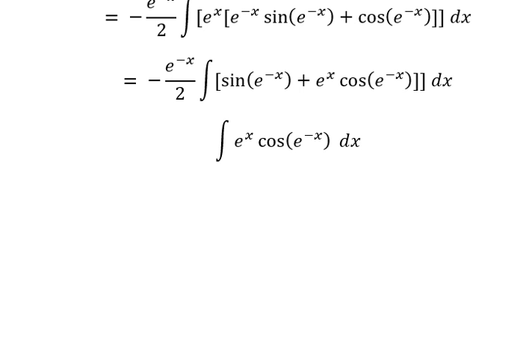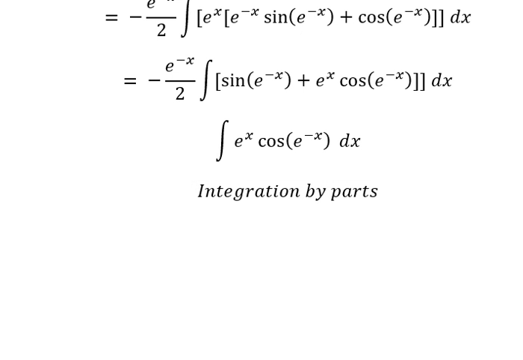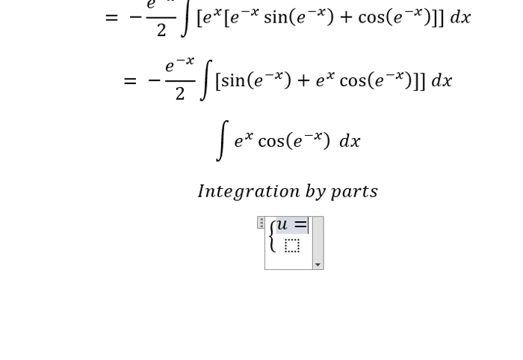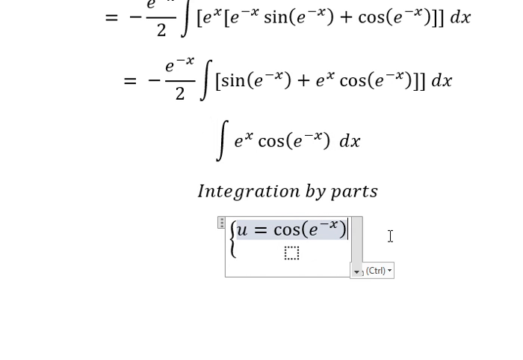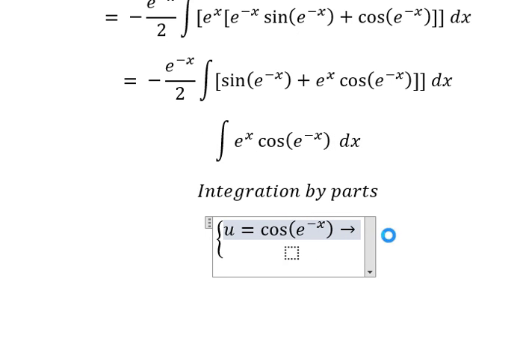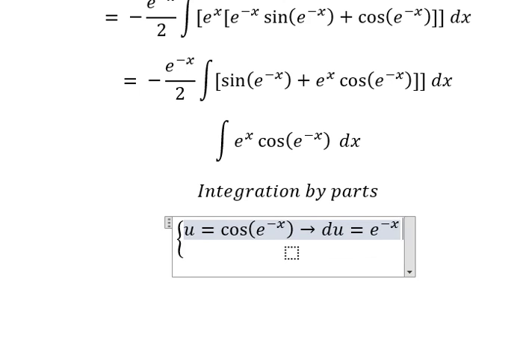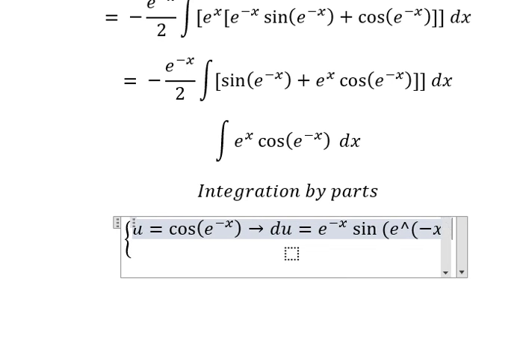So we can use integration by parts. I will put u equals cosine e to the power of negative s. So if we do the first derivative, we have e to the power of negative s sine of e to the power of negative s.